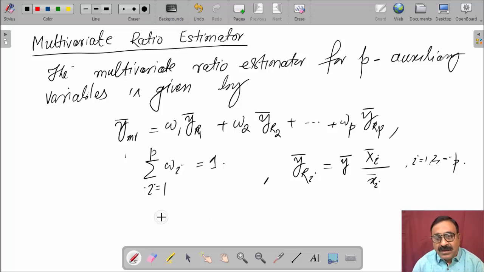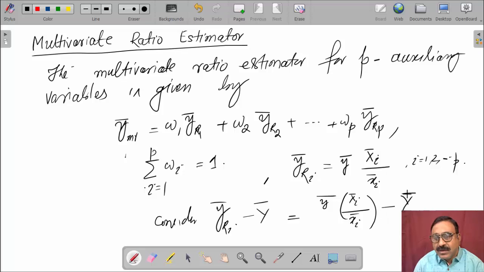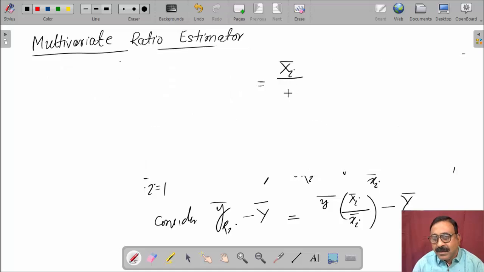Now consider yri bar minus y bar, that is equal to y bar into xi bar by xi bar minus y bar. Now this is equal to xi bar by xi bar, this will be y bar minus y bar by xi bar into xi bar.